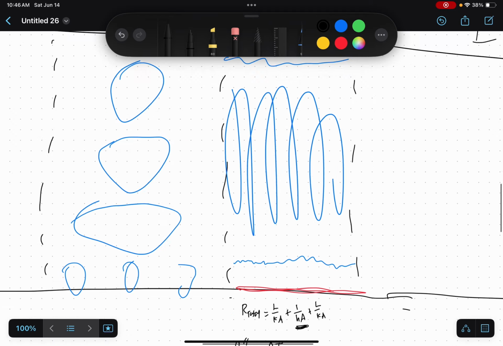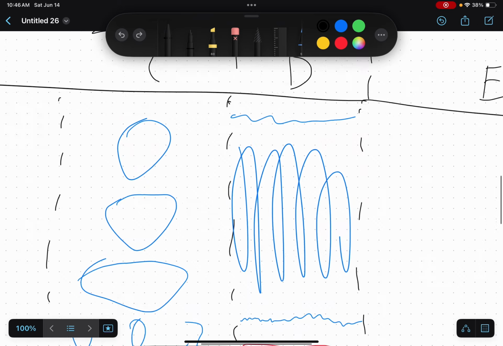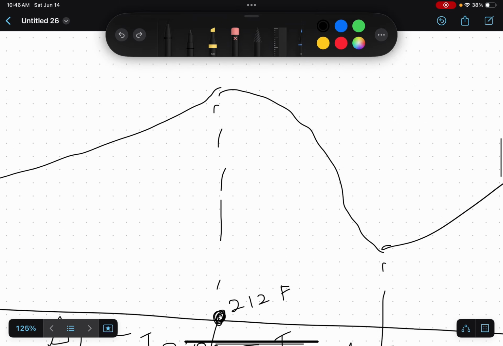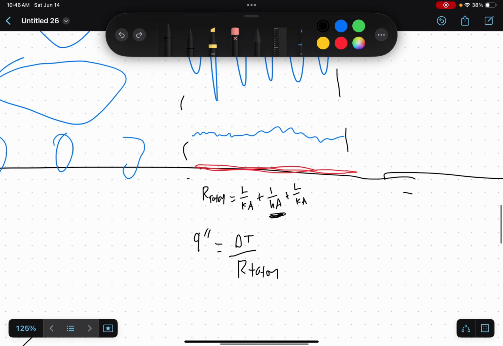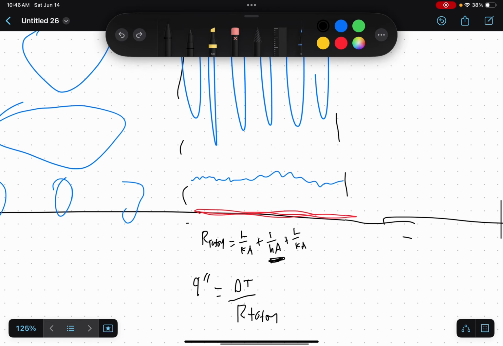So even though delta T is increasing, the R total is increasing more, and that causes this downtrend. And the key reason for that is as the delta T increases, the vapor layer becomes thicker.